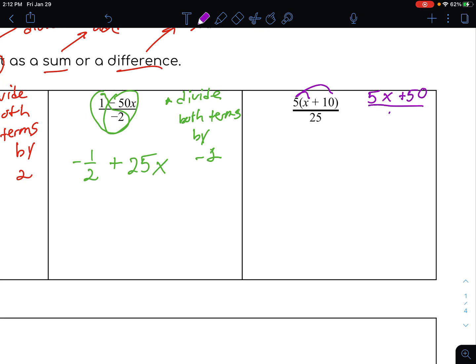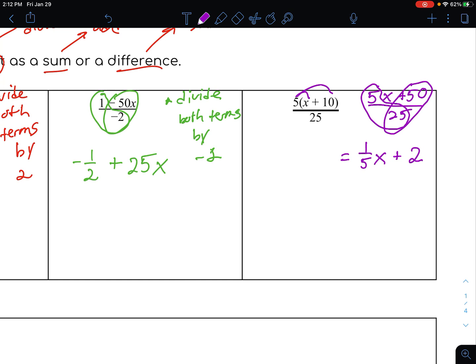So 5x plus 50, still all divided by 25. And then we can do what we did on the last problem. We can divide each part by 25. So 5 divided by 25 reduces to 1/5, so 1/5 x. And then 50 divided by 25 is 2. So 1/5 x plus 2 is what we get.